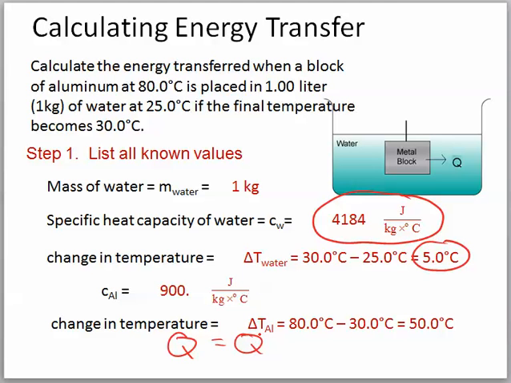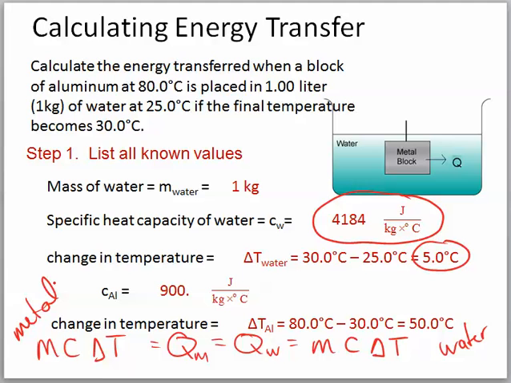So the energy that the metal block loses is going to be equal to the energy that the water takes in. So in both cases, we can say mc delta T, and over here we can say mc delta T. In this case, this is for the water side, and this is for the metal side.